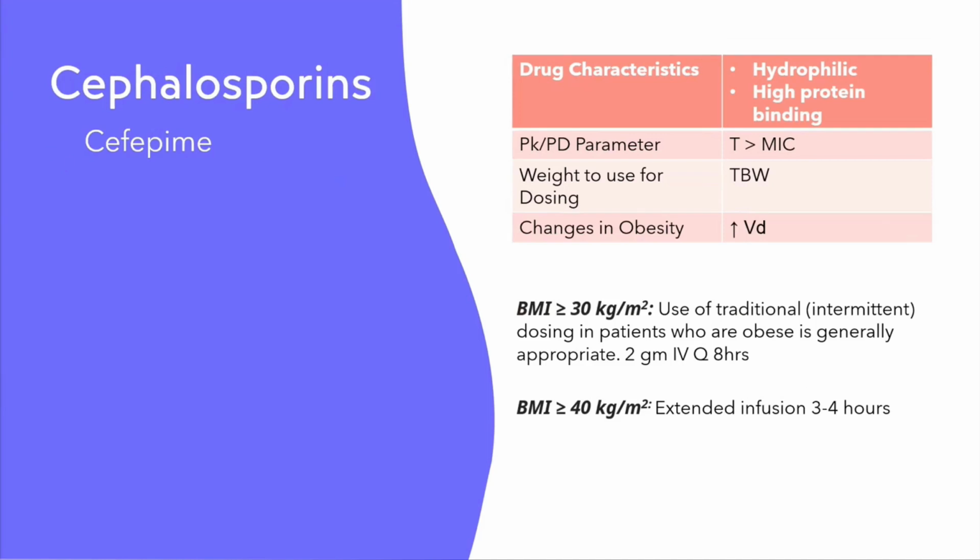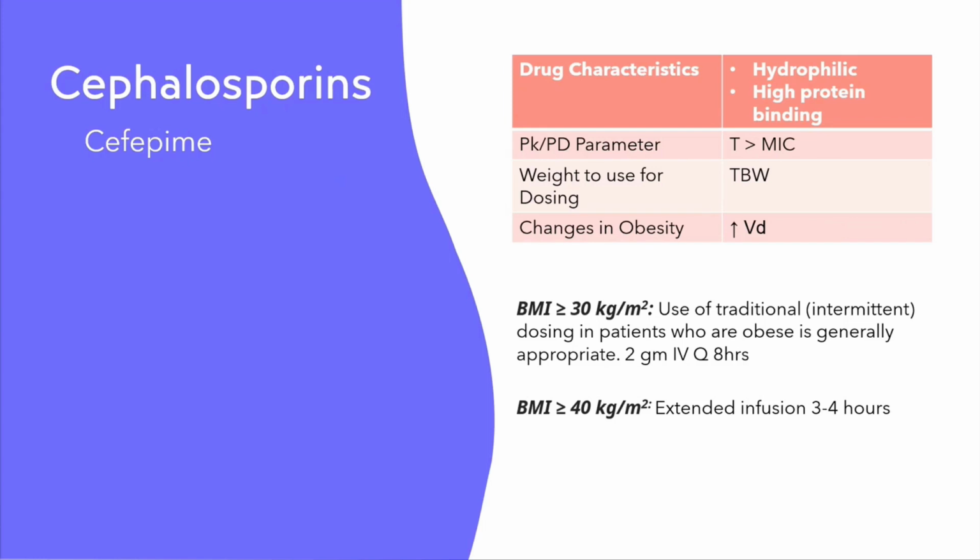So a little bit on the contrary then with cephalosporins, and specifically looking at cefepime, is still hydrophilic antibiotics, but we actually see this class tend to have higher protein binding. And so potentially we see increases of volume of distribution, but maybe not on the same scale as penicillin type antibiotics.